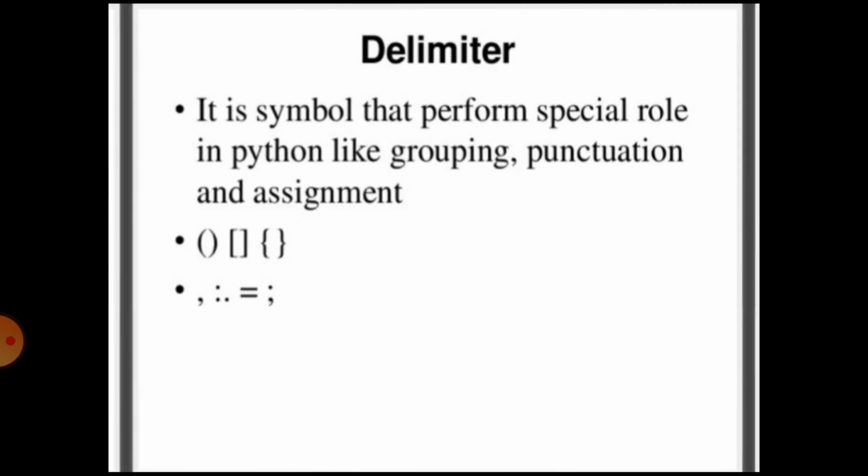Delimiters or punctuators. It is a symbol that performs a special role in Python, like grouping, punctuation, and assignment. These are examples of punctuators or delimiters: parentheses, open and closing, brackets, curly brackets, comma, colon, dot, equal to, semicolon.